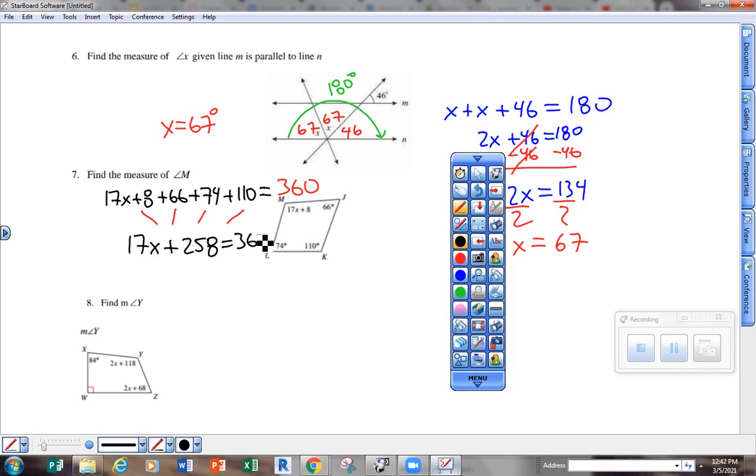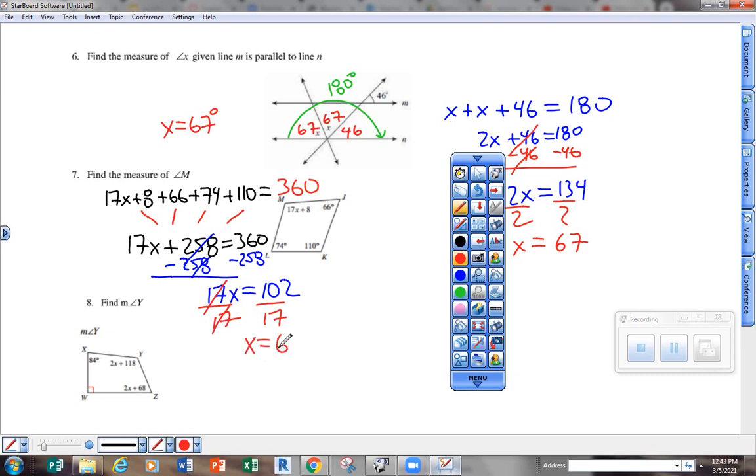Becomes a two-step equation. Take away 258 on both sides. 360 minus 258 gives me 102. Divide by 17. x equals 6, but be careful.